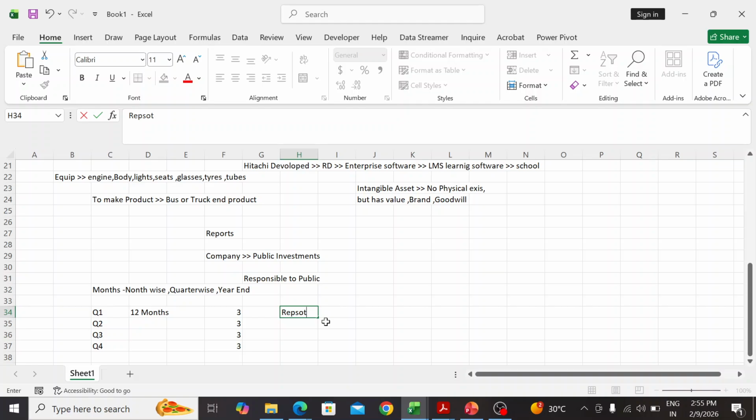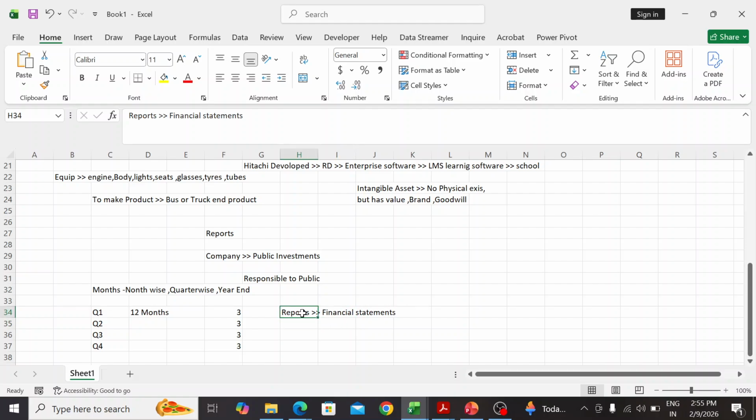Reports are nothing but, in simple words, financial statements.